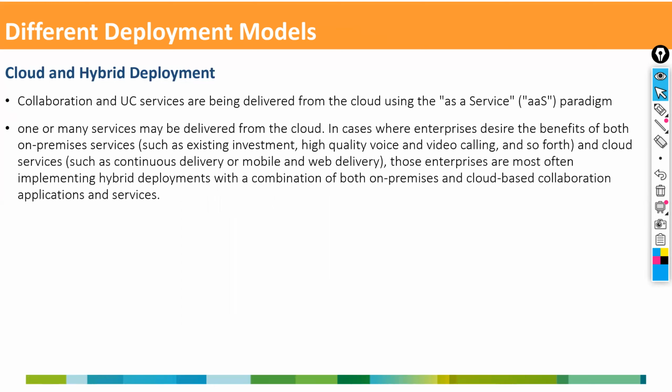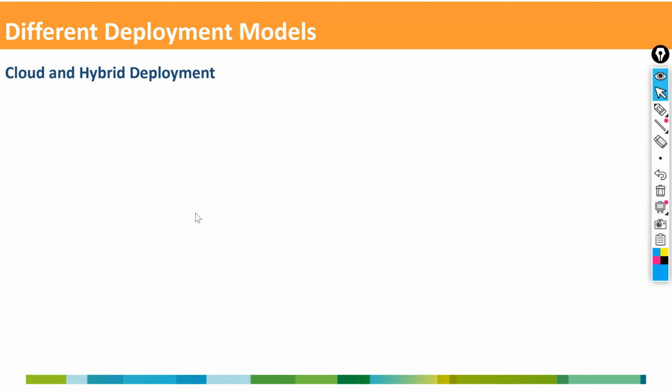Now we also require WebEx, which is a completely cloud service. The companies have their own infrastructure and also want to use WebEx. Now it's a combination of both on-premises and cloud, so we call it the hybrid deployment model.